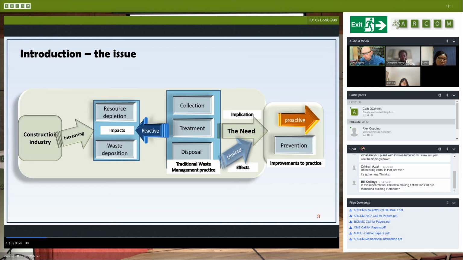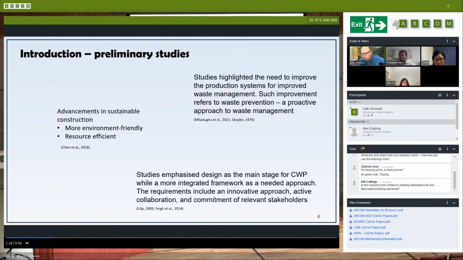Worthy of note is that once waste is generated, a negative impact on the environment may be unavoidable. This presents the need for sustainable construction towards waste handling. Recent developments on sustainability issues suggest the need for more sustainable and resource-efficient construction.